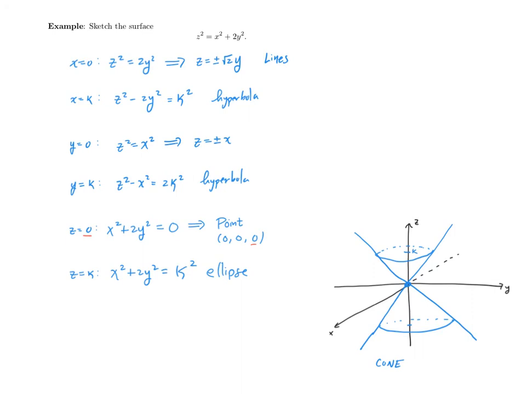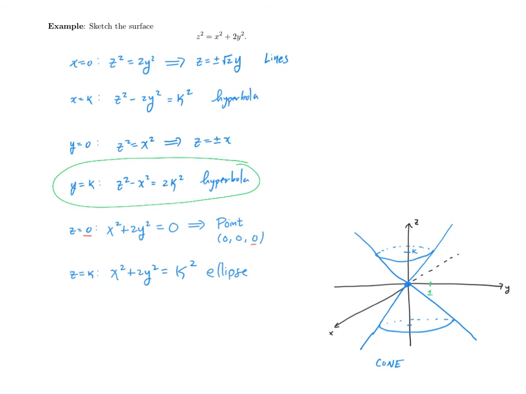Now in terms of seeing some of these other traces, I'll let you think about these lines z equals plus or minus x, but let's see these y equals k hyperbolas, just for fun. And if you left your picture exactly in this form and included the work that we see to the left, you would be good to go. But let's see one of these hyperbolas. So if I picked y, and I'm going to just randomly say 1.